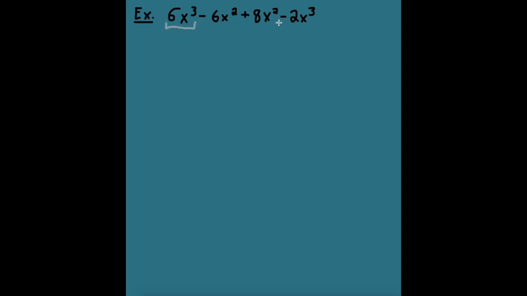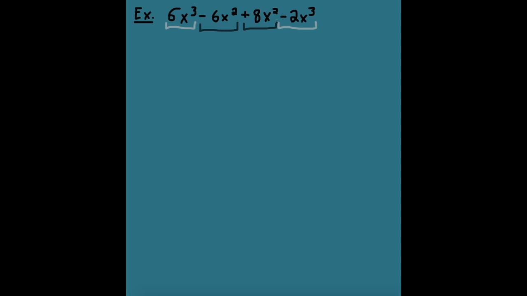6x cubed and negative 2x cubed are like terms in this problem, since they both have x cubed. Another like term pair is negative 6x squared and 8x squared, since they both have x squared.